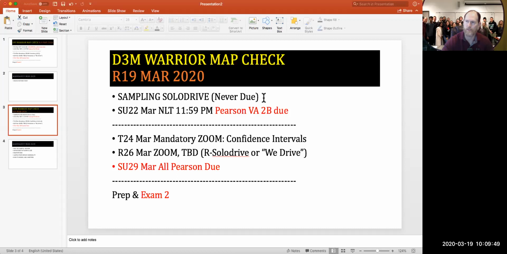Potentially some sort of reverse solo drive or a we drive in Zoom, but I've got to figure that out, so I owe that to you pretty quickly. Next Sunday, not this coming but next, all Pearson from block number 2 will be due. And then the following week, two weeks from today, we'll have an exam. Figuring out what that's going to look like, more to follow.